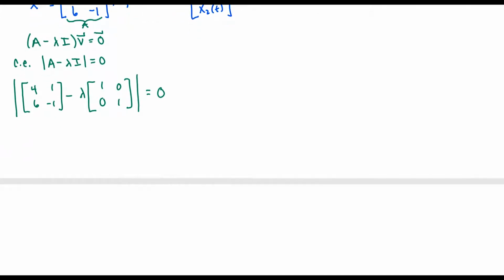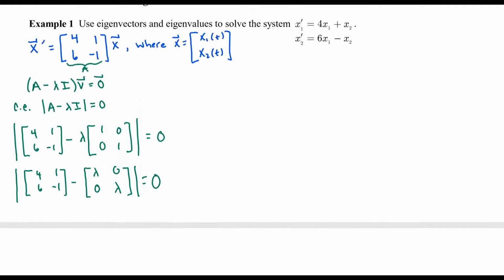Now, multiplying lambda throughout our given matrix, notice each entry in the matrix gets multiplied by lambda. So notice we end up with a diagonal of lambdas. That will help you to make shortcuts later on. So simplifying here, we have the determinant of, now I'm going to combine corresponding entries here.